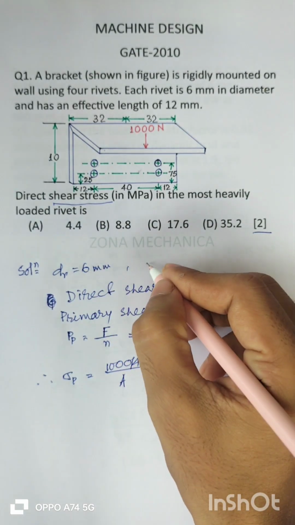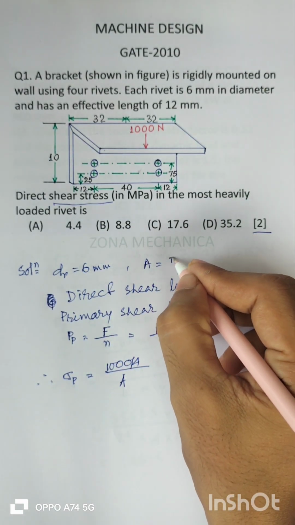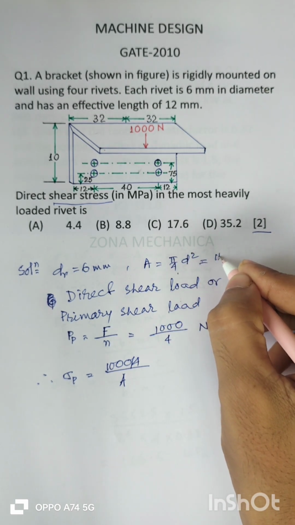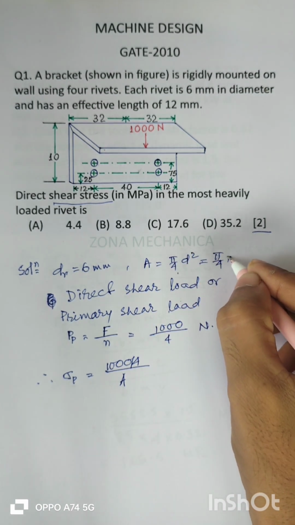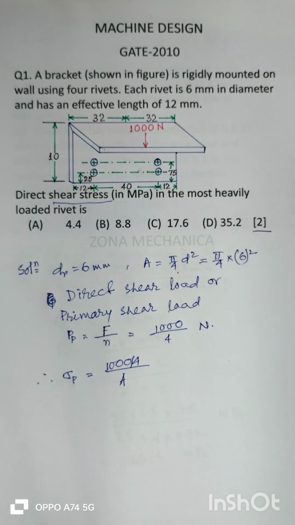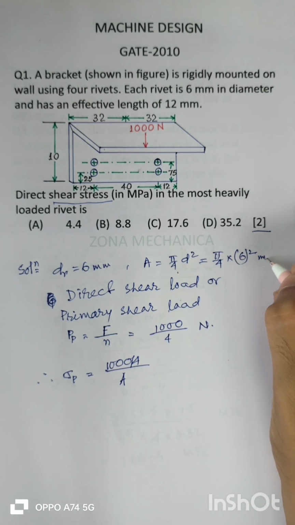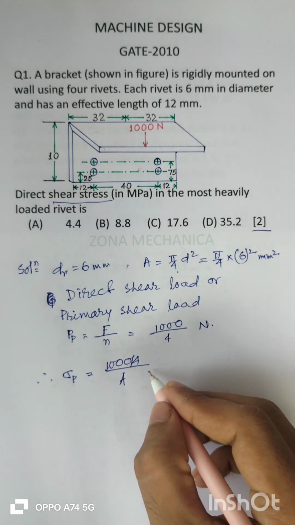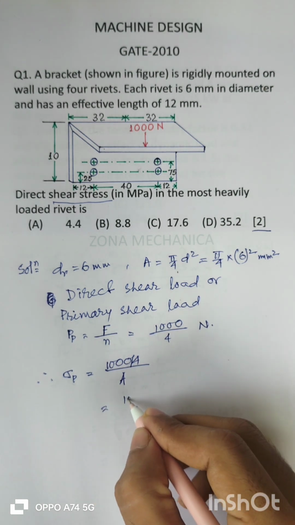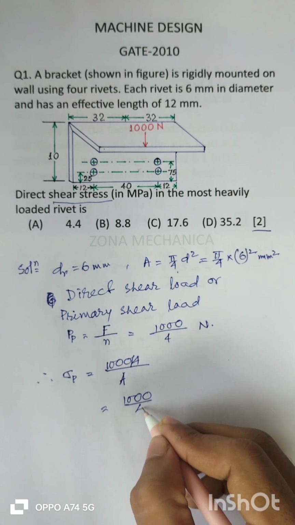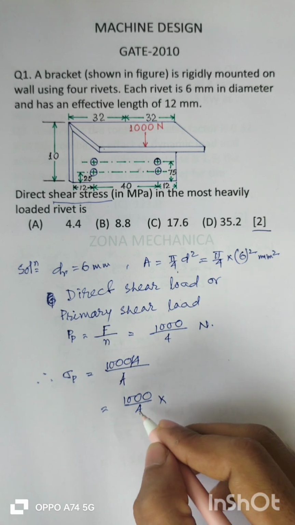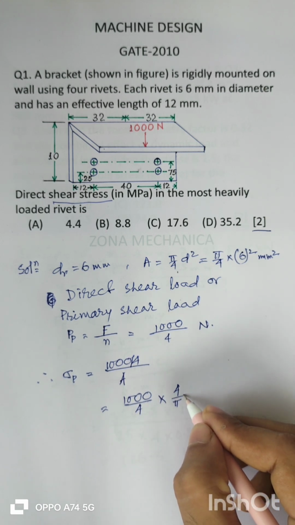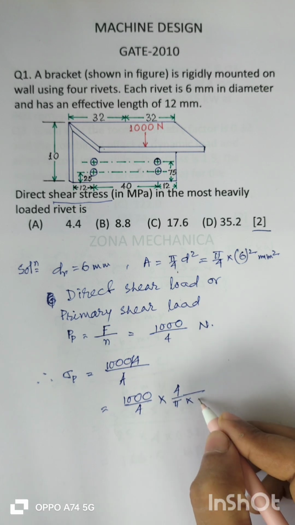D is given, so area will be pi by 4 d square, that is pi by 4 6 square, this much of millimeter square. So we can write 1000 by 4 divided by, so I am multiplying here, 4 by pi 6 square.